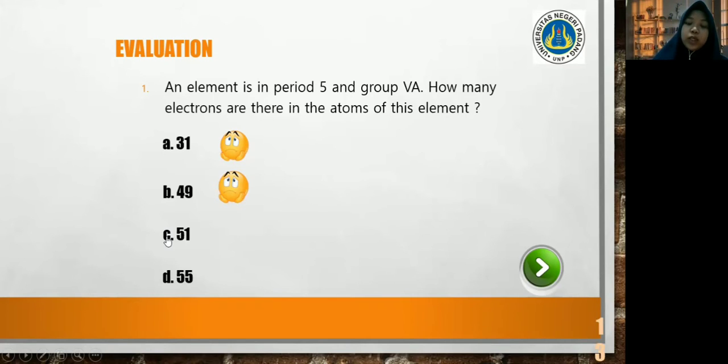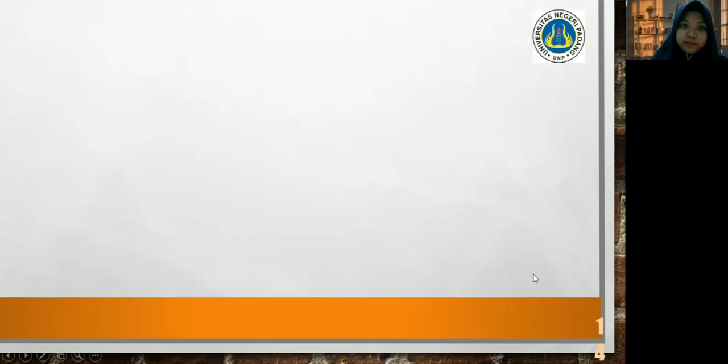We can choose C. Okay, this is the correct answer. Now, we will go next to the second question. But before the second question, we can see the solution for the first question.